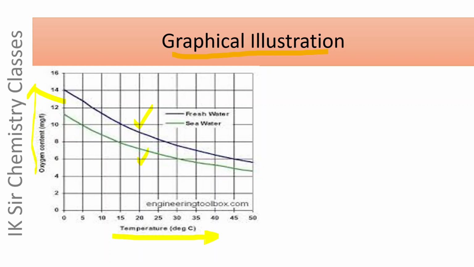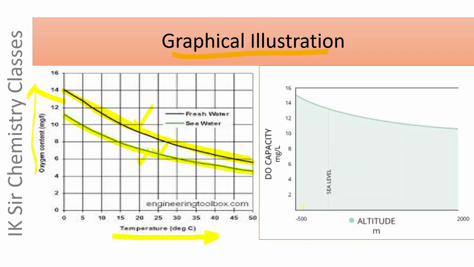On increasing temperature, the DO value decreases. And another fact is also evident from this figure, that the DO value of fresh water is greater than that of seawater. Seawater has higher mineral content and hence lower DO value.